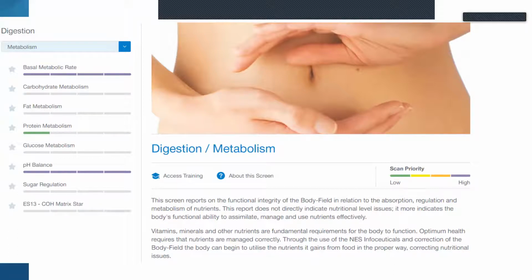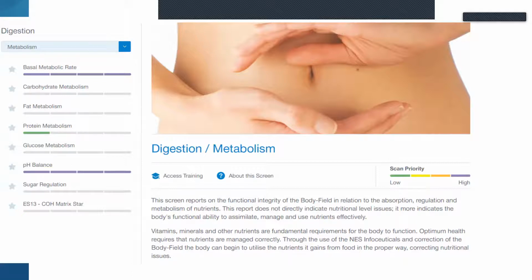Because of her digestive challenges, we always saw that in some parts of the scan. It's that area of how her body is able to absorb nutrition from the food she's having. Her diet was pretty good. She needed to make some changes.